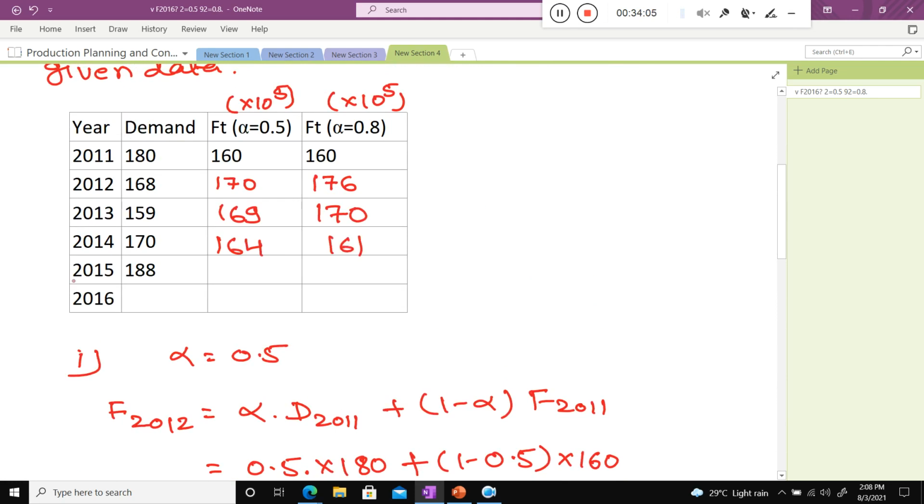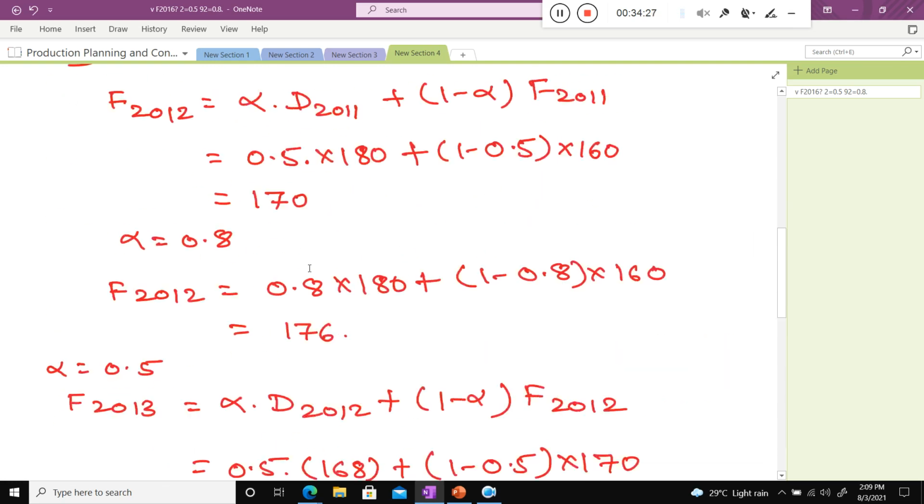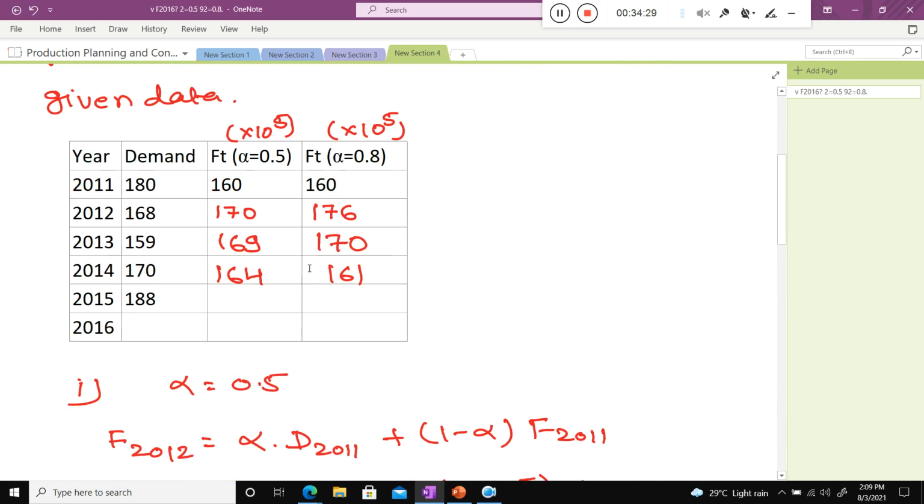Now for 2015, quickly I calculate. For 2015, alpha is equal to 0.5. What will be the F 2015? Okay, 0.5 into what is the demand of 2014 year. So 2014 demand is 170.